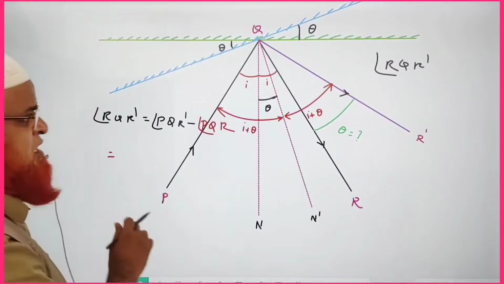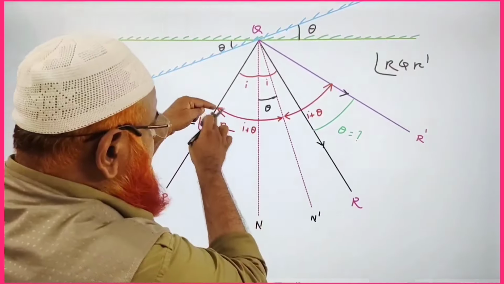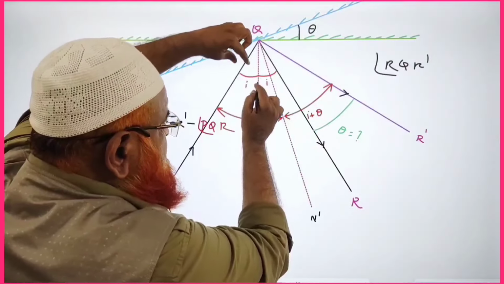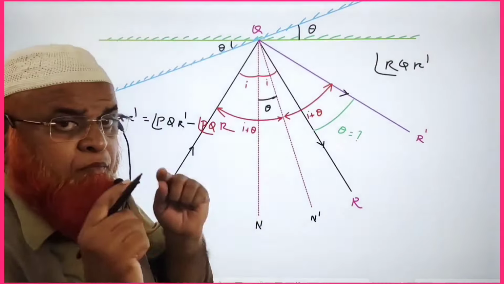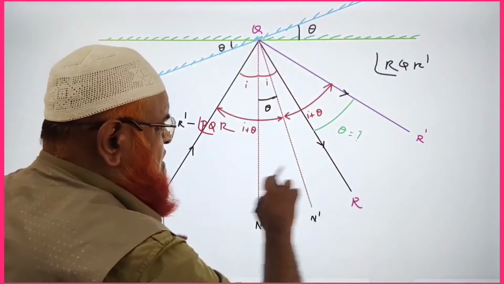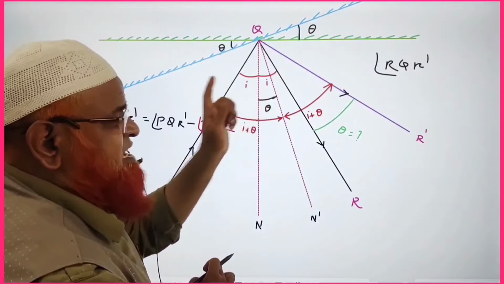Let us see here. So angle P Q R dash is nothing but from here to here. This is the angle of incidence and this is the angle of reflection, both are going to be the same. This is I means this is also I, when this is called PQR. The incident ray is I and the reflected ray is I.